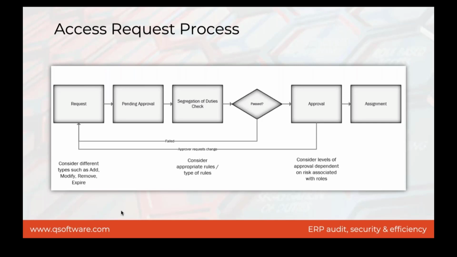Perhaps you take a ticket from ServiceNow and automatically put this into the UAM tool, and then that request is pending. What we firmly and strongly recommend is done on every user request before it goes into assignment is that you run an SoD check, and this can happen automatically within the system if you set it up to do so, and Preston will show you that in a moment.